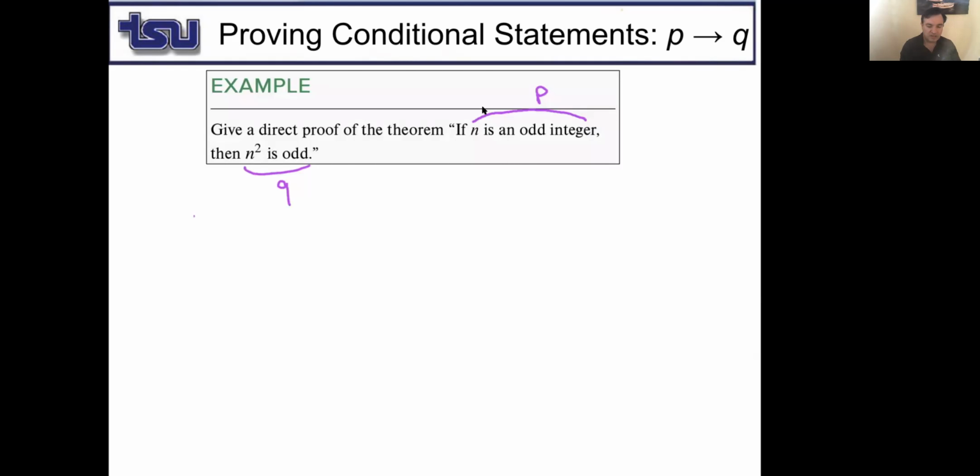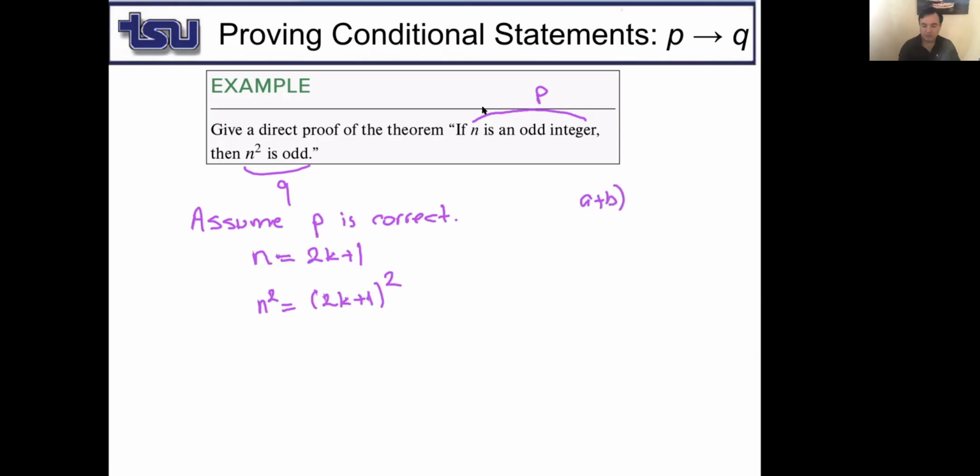N squared will be what? 2k plus 1 squared. If you have a plus b, how do you get the square of it? A squared plus 2ab plus b squared, right? So here, this is our a, this is our b.